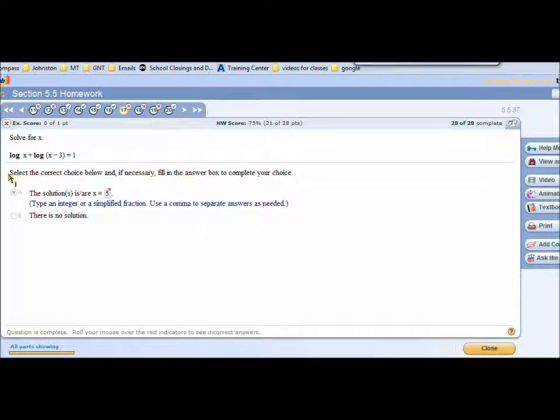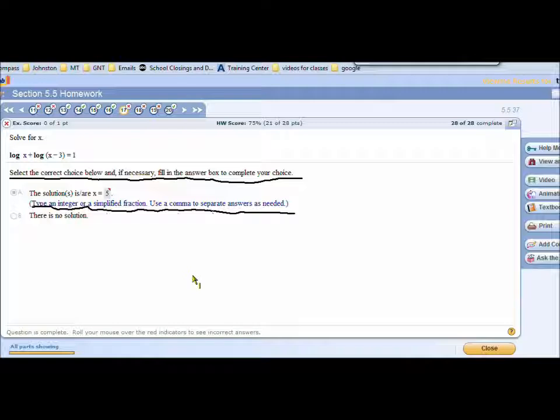Okay. Look at what it says right here. The correct choice, answer sheet, complete your choice, and even more important is this. Type an integer or a simplified fraction. Use a comma to separate answers as needed. So, simplified fraction.